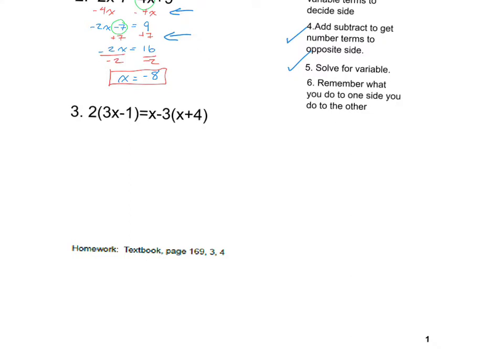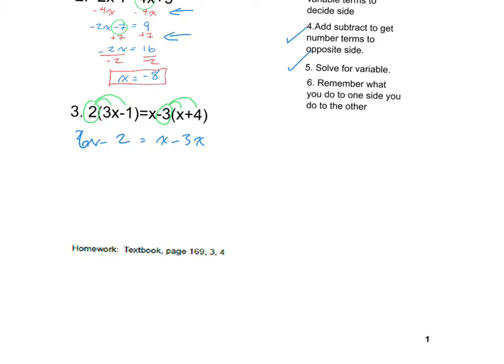So now what we're going to do is distribute the 2 into the bracket that's on this left side here. And then that 3 in front of the other bracket is really negative 3. So we're going to have to take the negative 3 and push it into the second bracket. So we end up with 6x minus 2 is equal to x minus 3x.